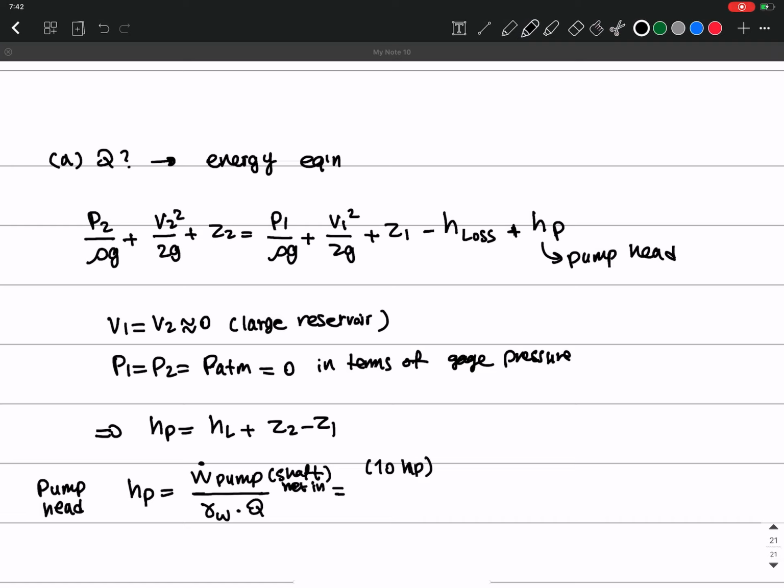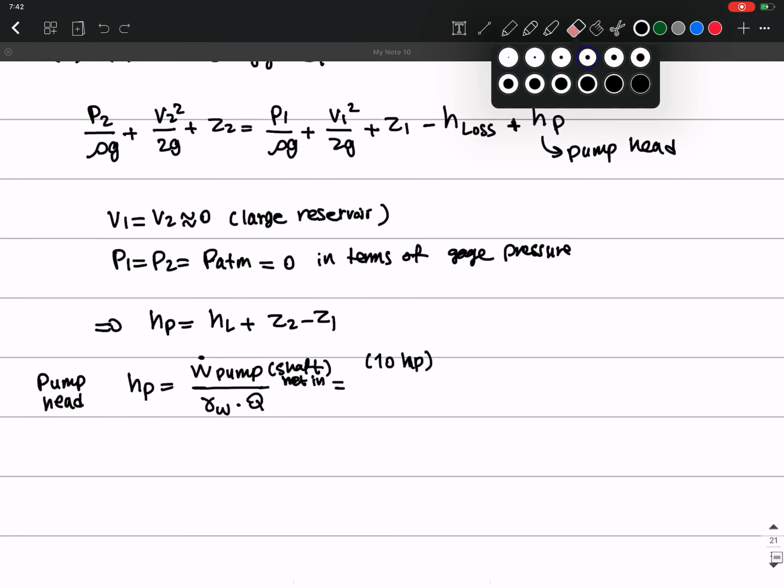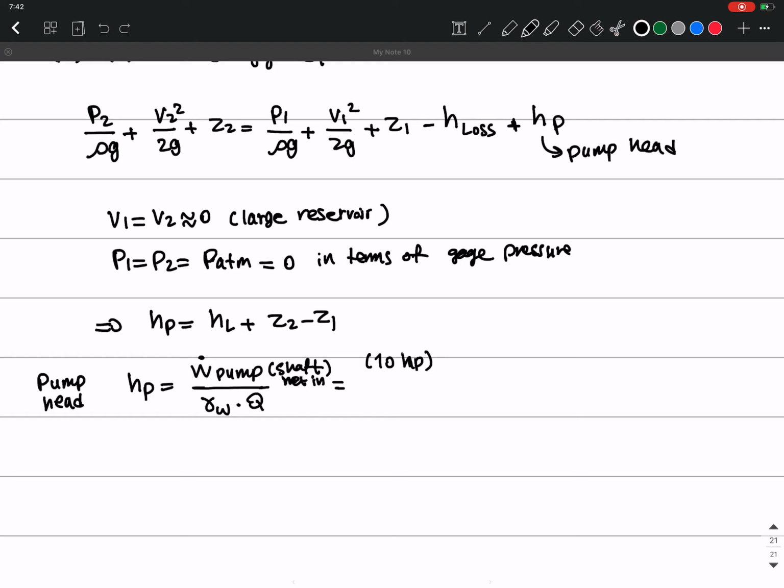Okay, this horsepower is actually a unit, so in order for you not to confuse that, I'm just going to write this as HS, because you might confuse that with this. I don't know why it's not working. So let me just continue and then I will do it later.